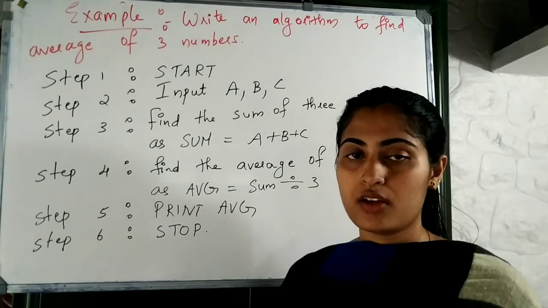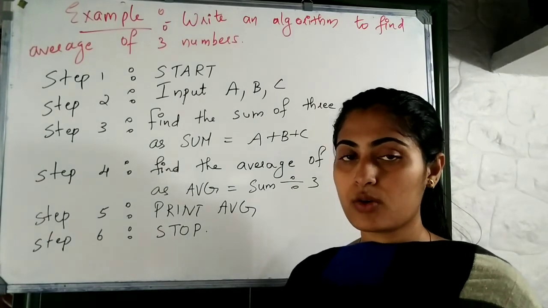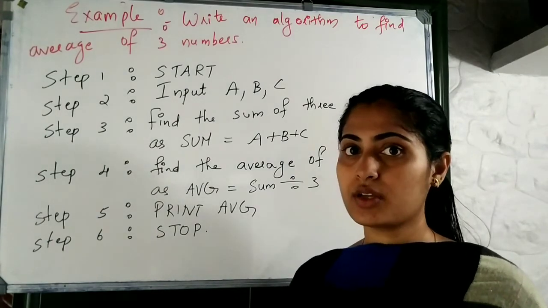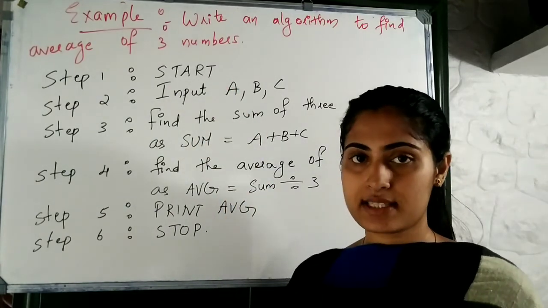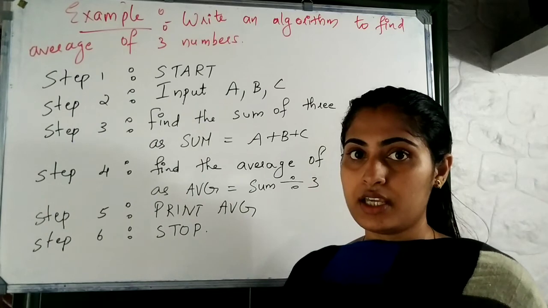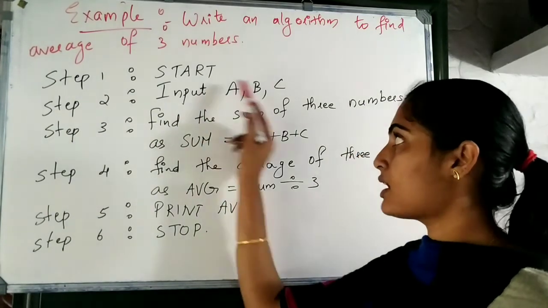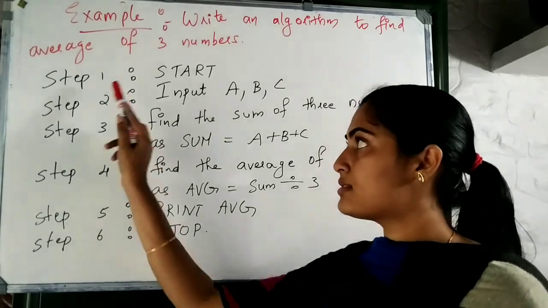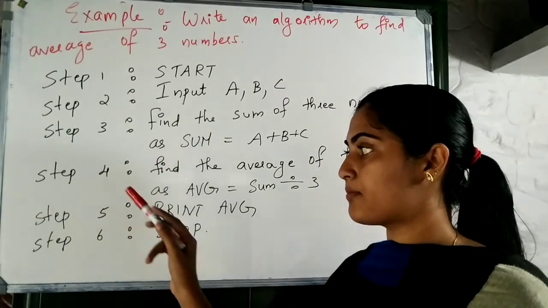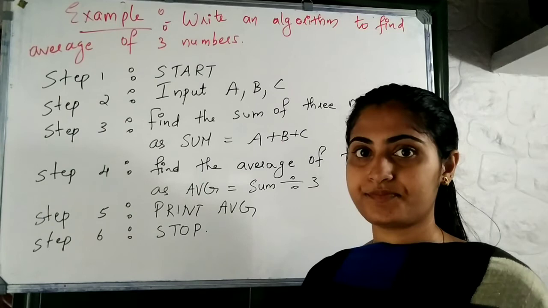So once again, your algorithm should begin with the word start, and each step should be written in a separate line and numbered.